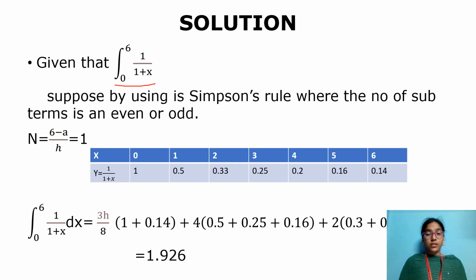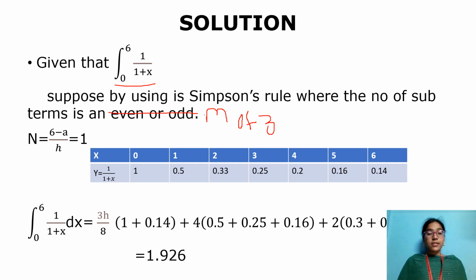Suppose by using Simpson's rule, the number of subintervals must be a multiple of 3.